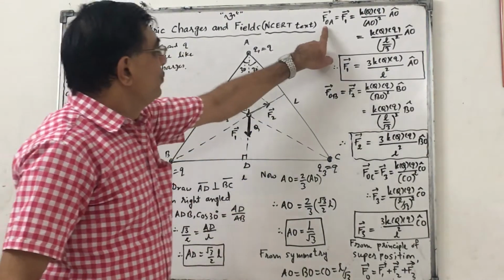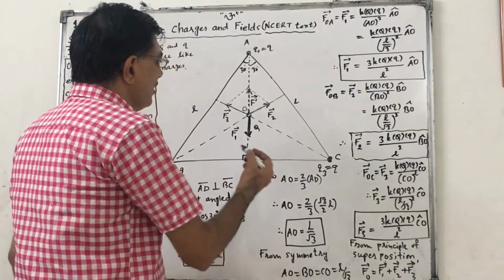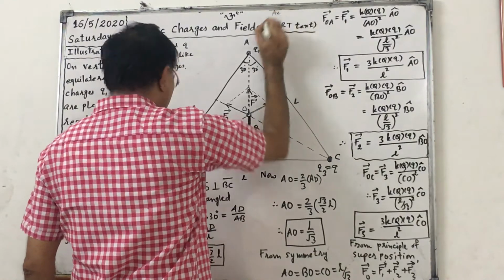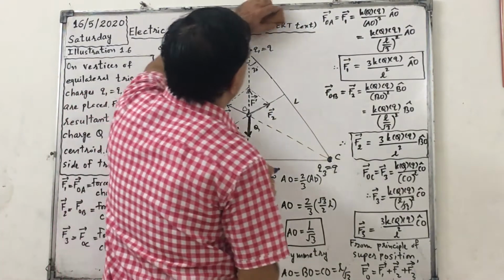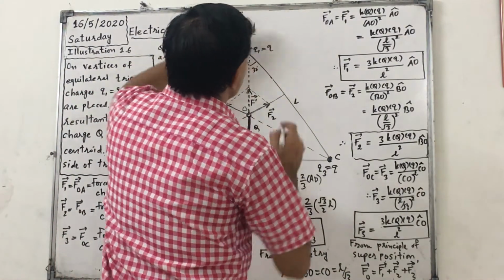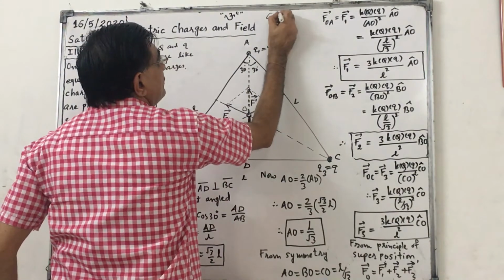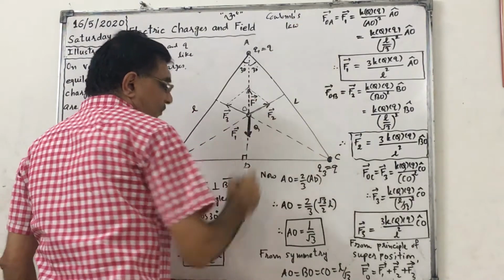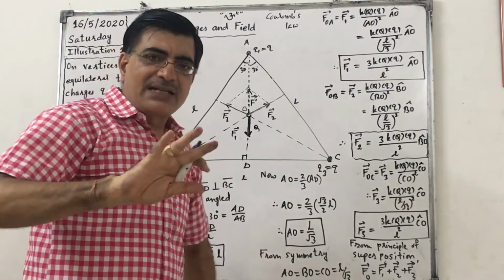Now F on O by A equals F1 equals, using Coulomb's law, K Q1 Q2 upon r square, that is the magnitude.